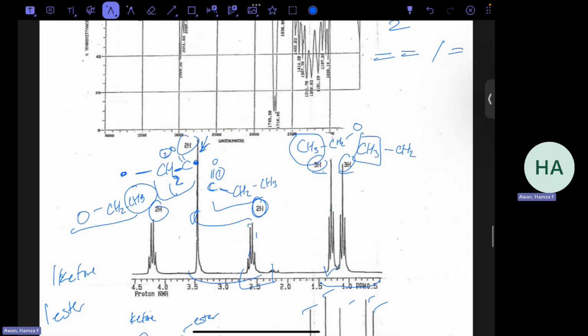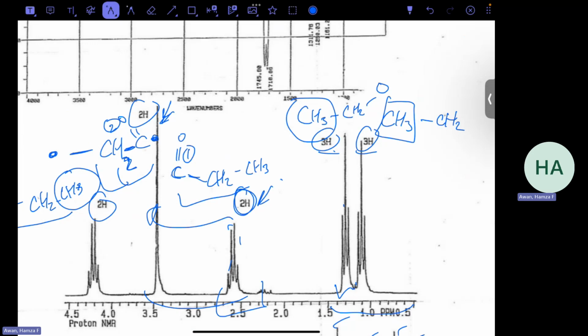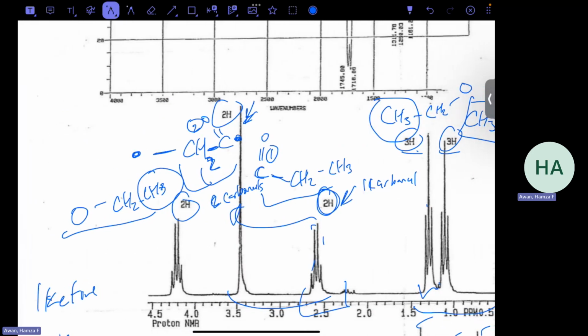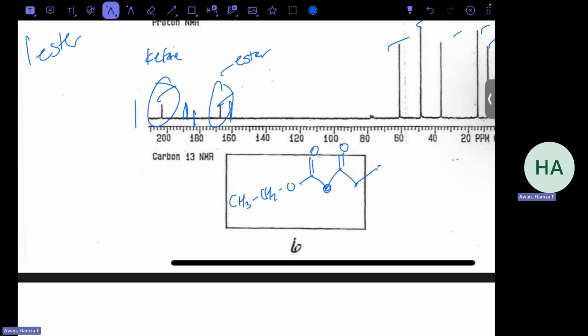So this CH2 was at 2.5 with only one carbonyl beside it, while this one was even further, so we can say that it was close to two carbonyls. So that adds up. And then the last one, there's no way that this CH2 is more deshielded than the hydrogens that are attached to the two carbonyls, unless it was attached to an oxygen. So that's why we have that.